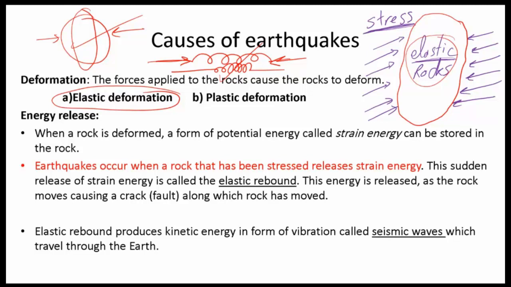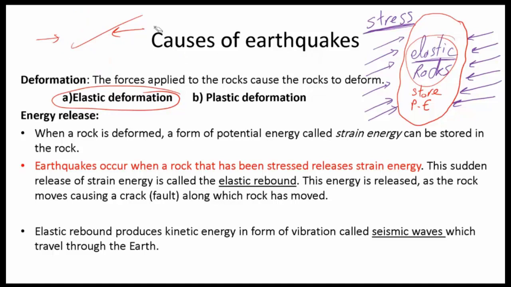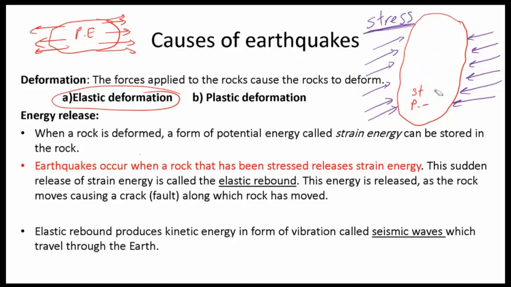It will store some kind of potential energy, even if you compress it or you stretch it. So it deforms like this, and it also saves potential energy. The potential energy in the rocks, we call it strain energy.